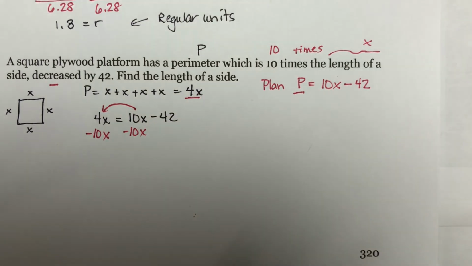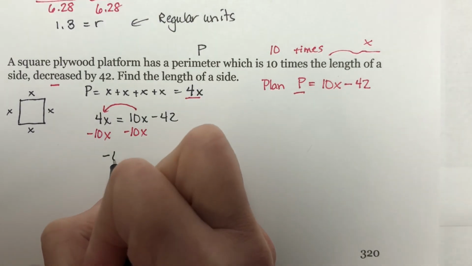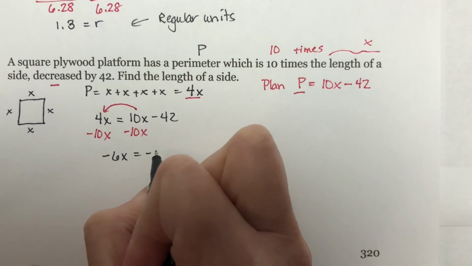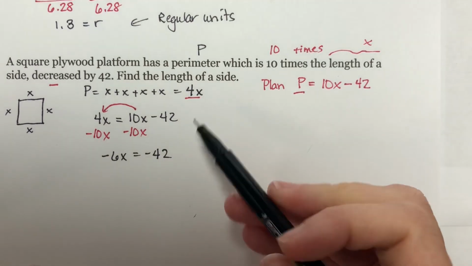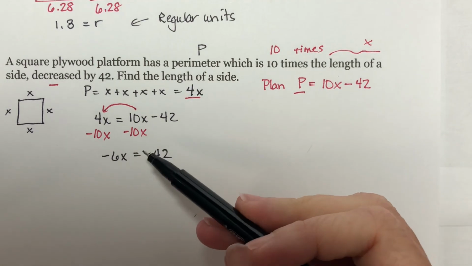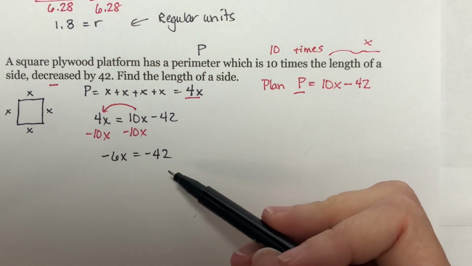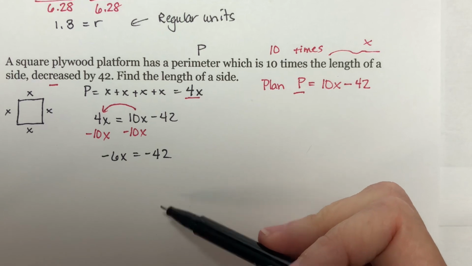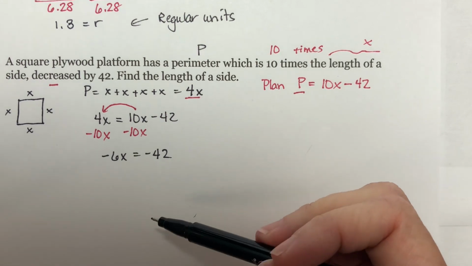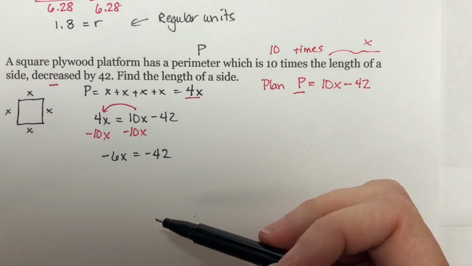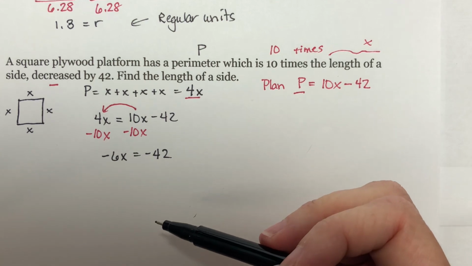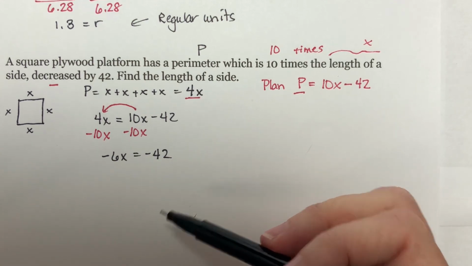Be careful with your signs. Negative 6x is equal to negative 42. As soon as I start having negatives pop up in a problem where I know I can't get a negative answer, I slow down, I double check everything, because that's not the kind of mistake you want to make. One of the keys to getting good at math is learning where you make your mistakes and remembering to check them.